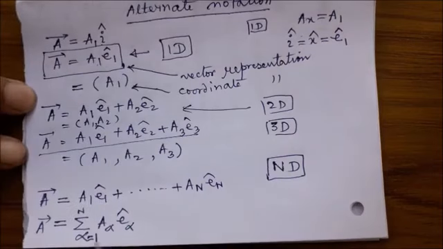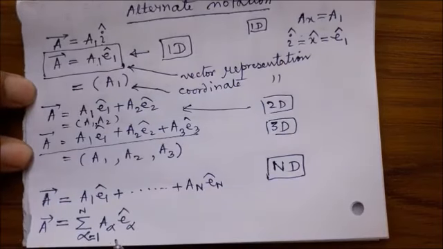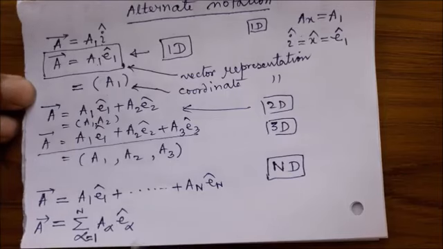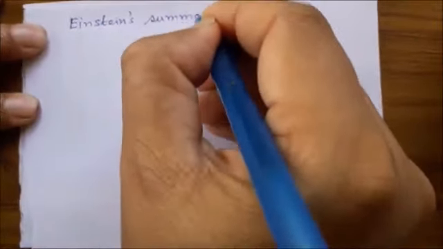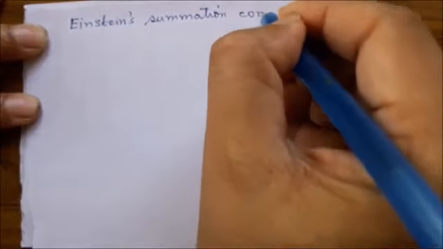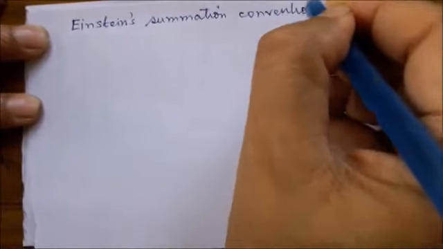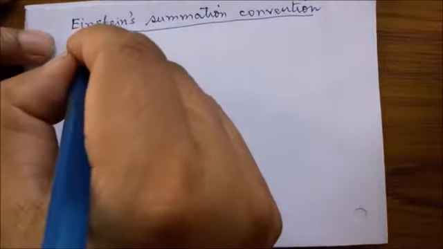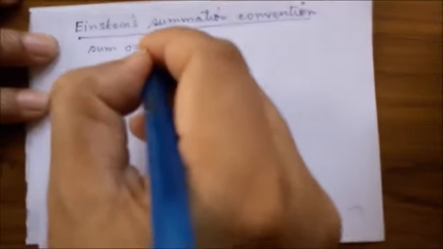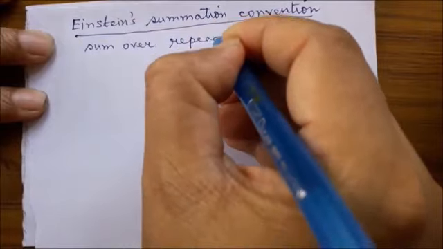We'll make it still shorter, and to make it short we have to use a convention that was first proposed by Einstein, that was first used by Einstein, and is called Einstein's Summation Convention, which says that one has to sum over repeated index.